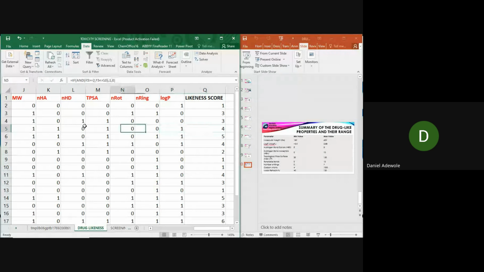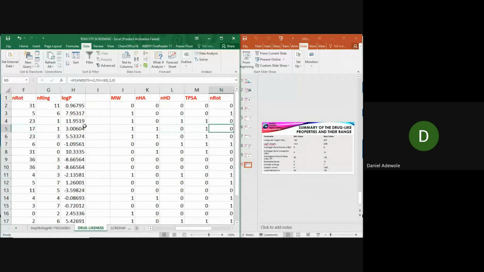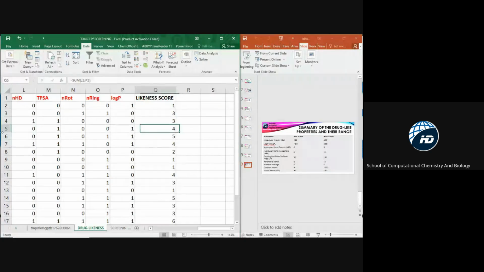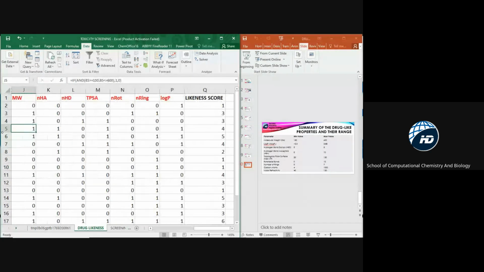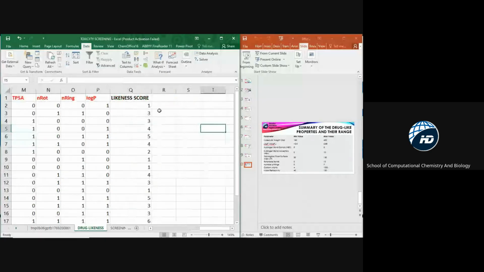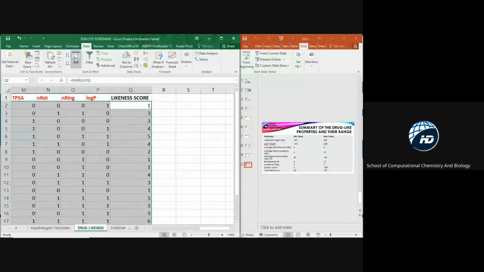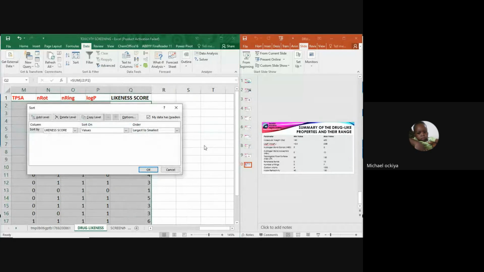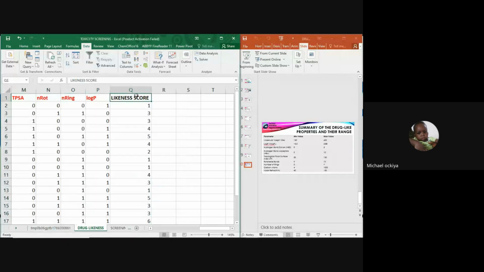It didn't highlight. I noticed that it's trying to sort and later goes back. Go back to Home, select, highlight the likeness score, and you will see the option on the top.